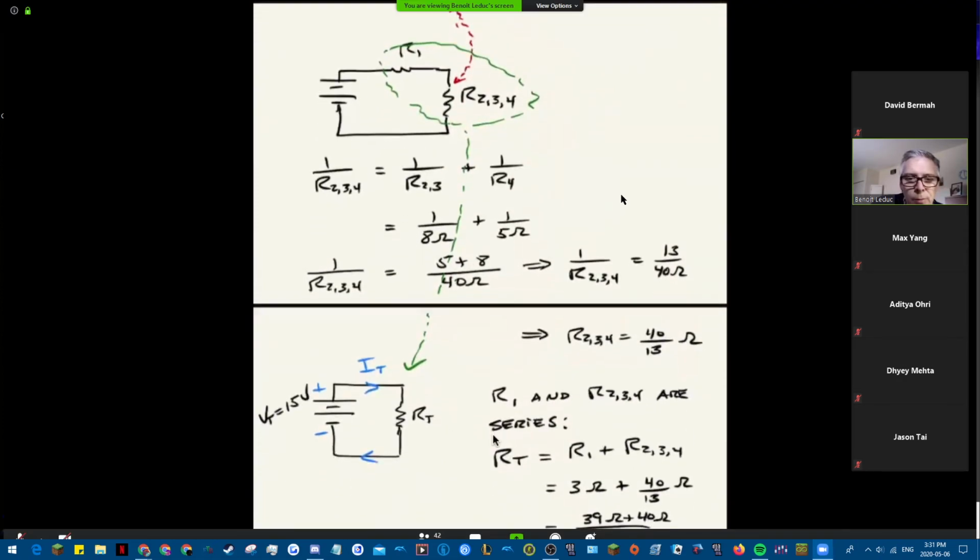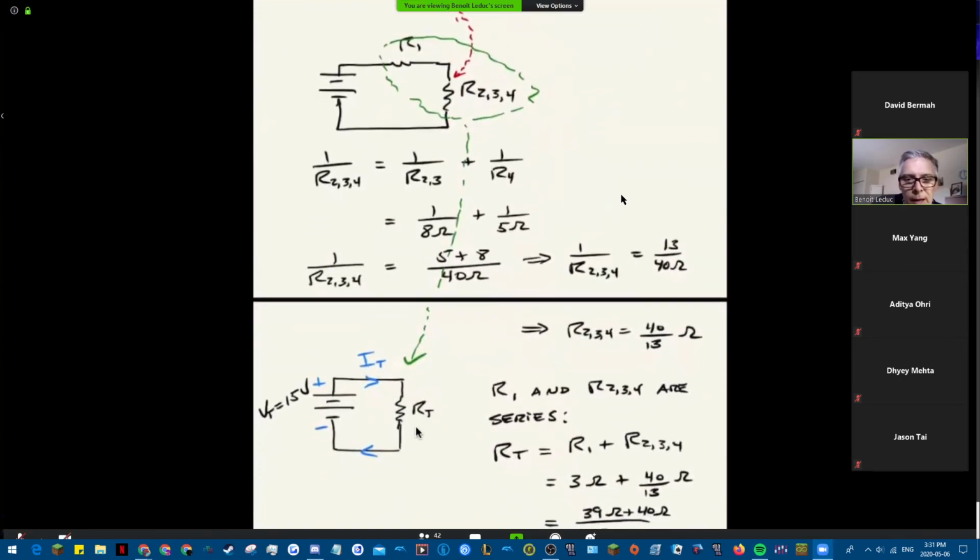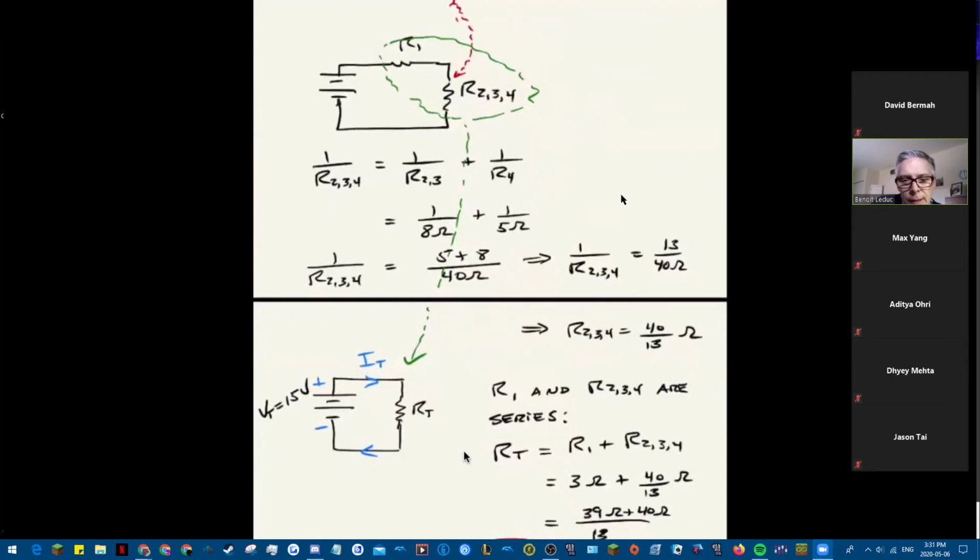Now, when you're left with your very last resistor, you don't have to put 1, 2, 3, 4, and whatever. You just put T, right? So it's R1. So this is in series here. R1 plus this. Once again, I encourage you to use only fractions.